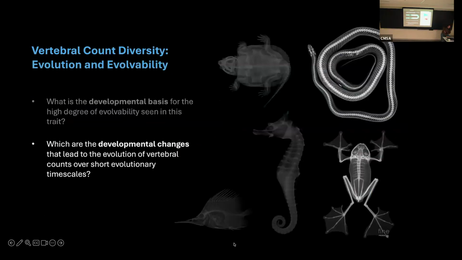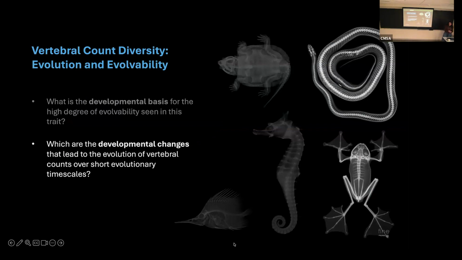This has been a conceptual exercise to think about what it is about the developmental process patterning somites that is evolvable and can give rise to different vertebral counts.